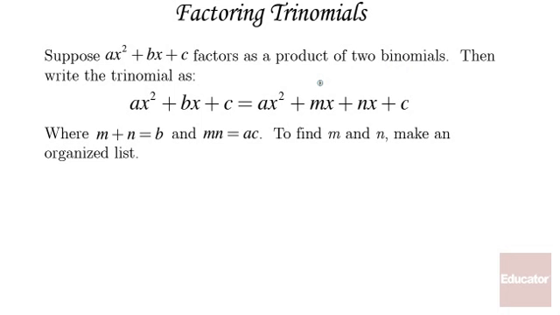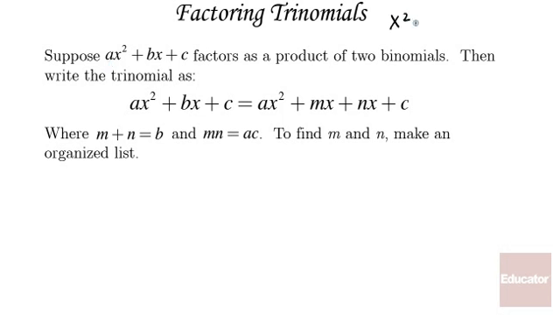When we had a leading coefficient of 1, we discussed a method for factoring that expression into two binomials. And we want to do the same thing here. However, it's going to take a different approach because we also have to worry about this coefficient other than 1.